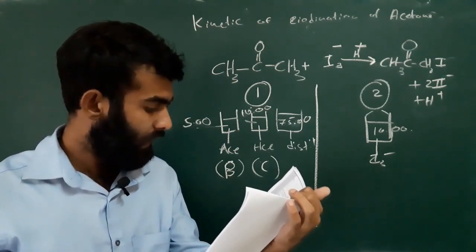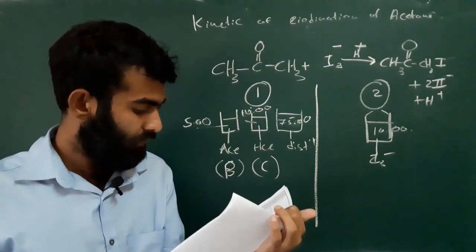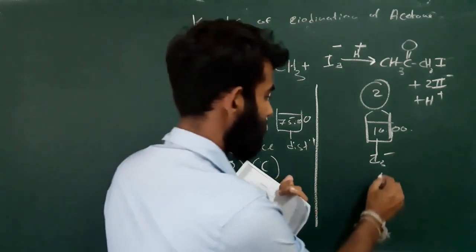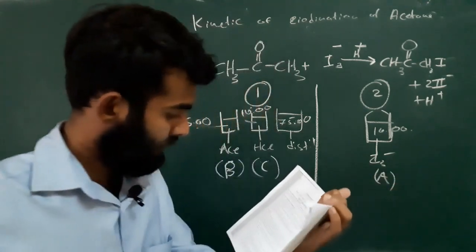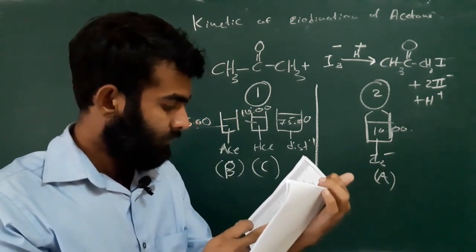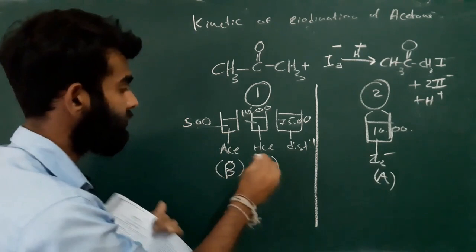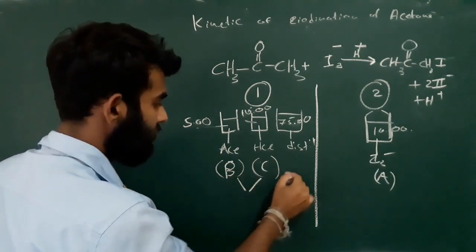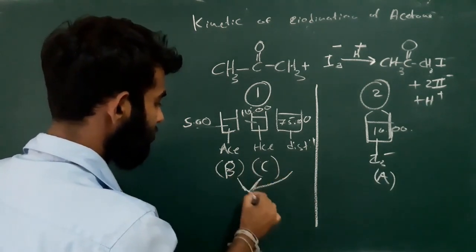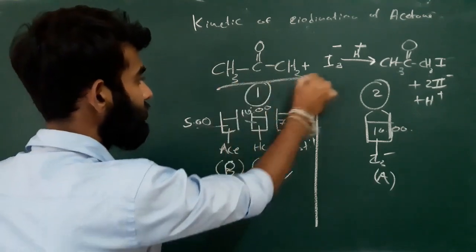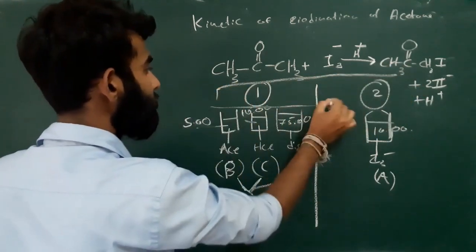Add 10 ml of iodine solution A into the above mixture. This set 1 chemicals we have to mix.